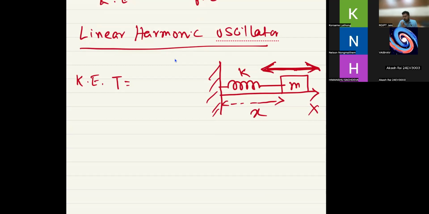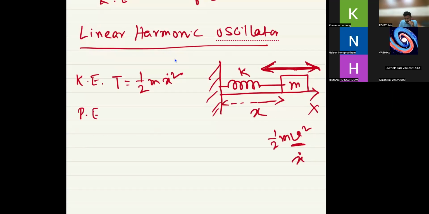Kinetic energy means half m v square, right? What is v? V here is simply x dot. dx dt is velocity, right? What is the expression for kinetic energy? Half m v square. So here v is basically x dot, or dx by dt, that is velocity. That is the kinetic energy.